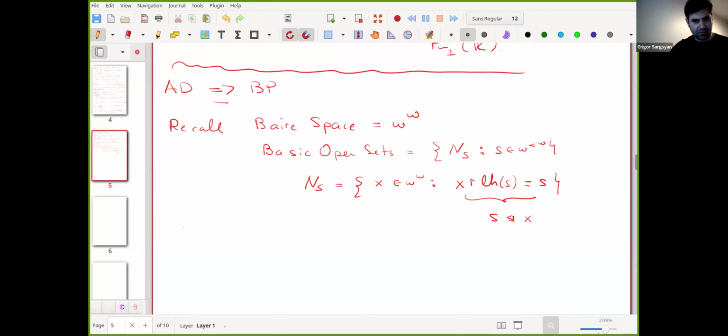If you're not used to it, here's an exercise: show that this is open. Okay. So definition: A is meager or comeager. Comeager is easier for me.